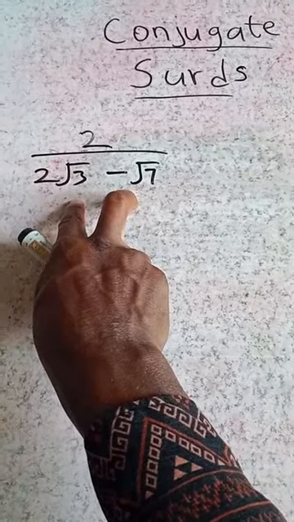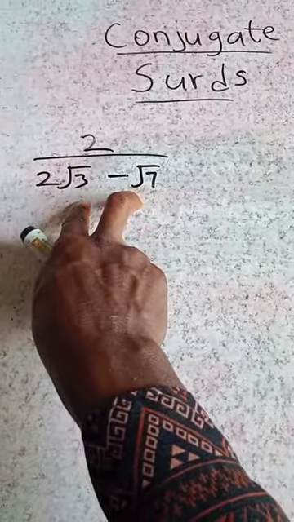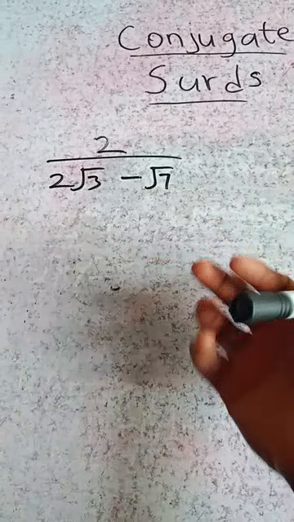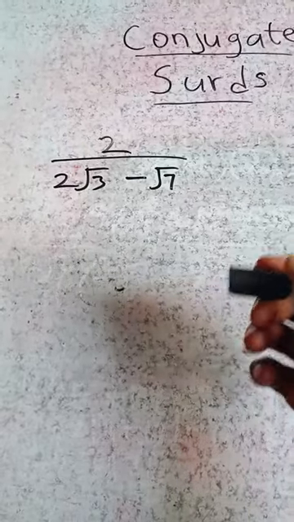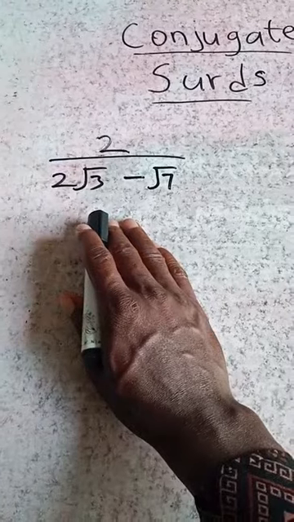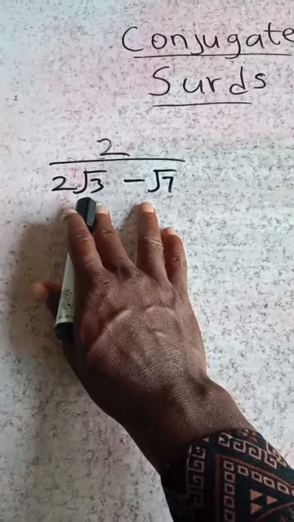Are you getting it? So since the denominator has two factors, we are going to apply what? The conjugate principle. The essence of rationalizing is to ensure that the denominator is without a root, and if the denominator is without a root, then you have rationalized.